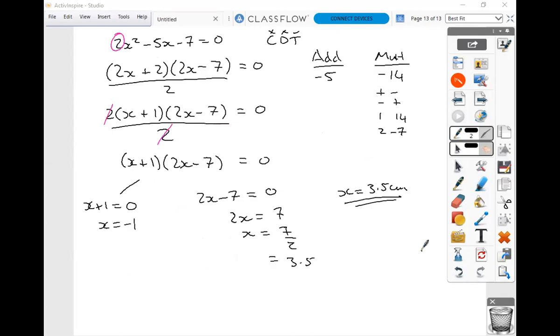I never recorded that, so apologies, but it does work if we do factorization.